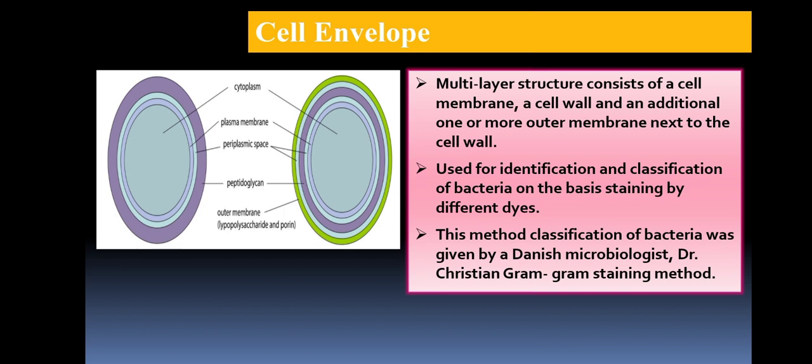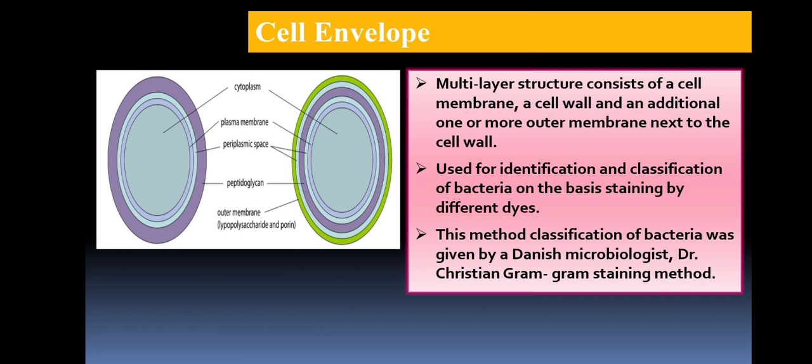Then next to the cell wall, there may be an outer membrane or a capsule; it may or may not be present in the bacteria. On the basis of these types of envelope, the bacteria are classified and identified. This envelope helps in the retention of stain.